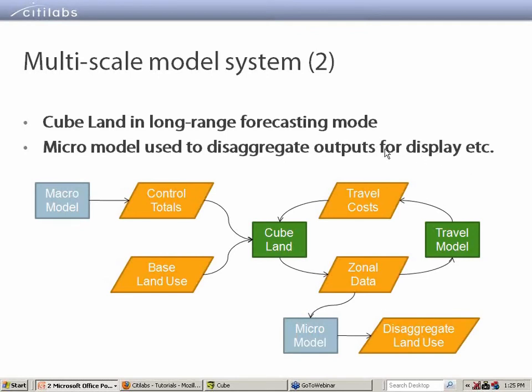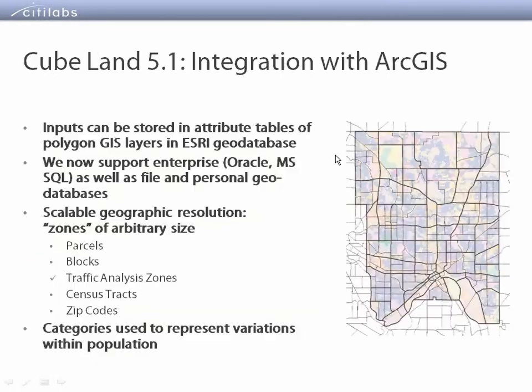Right. Obviously, the specification would be very different depending upon the level of geography, and I think that applies to increasing the scale too. If you were to use Cubeland at a statewide or nationwide level, allocating households and firms or jobs to census tracts, zip codes, or even counties, the functions would look very different than at a more regional scale with traffic analysis zones, correct?